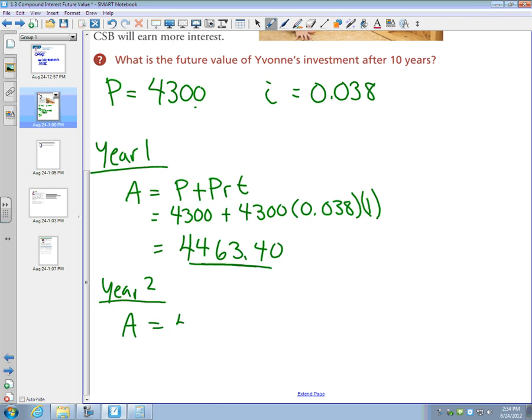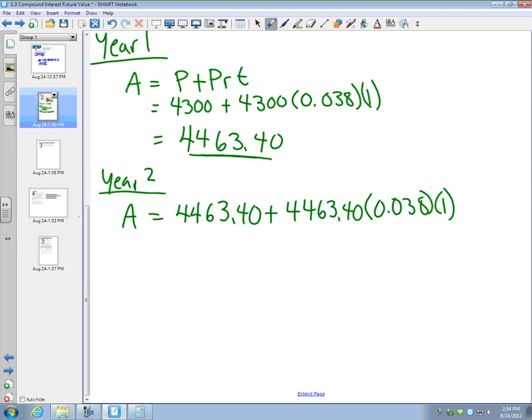So we put this amount into the formula instead, times our interest rate, which stays the same, times 1. So at the end of year 2, now we have $4,633.01.